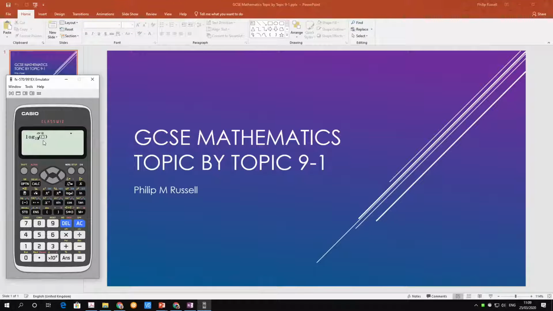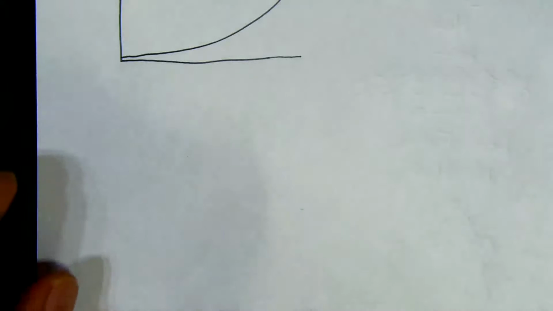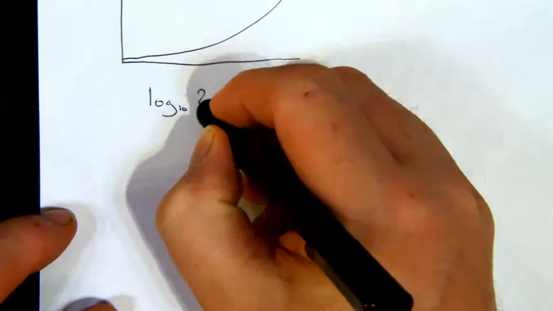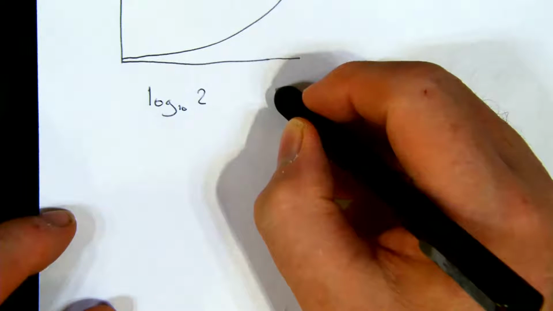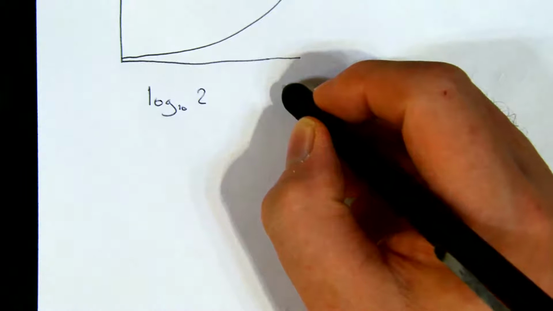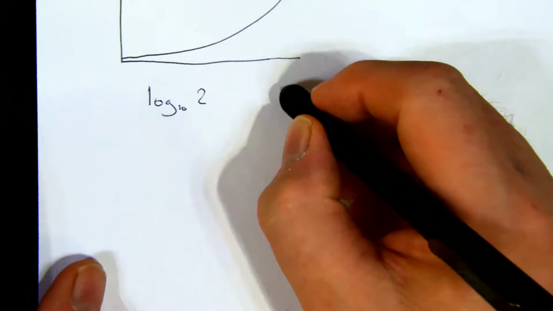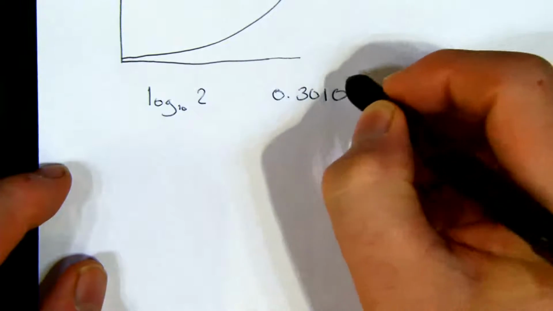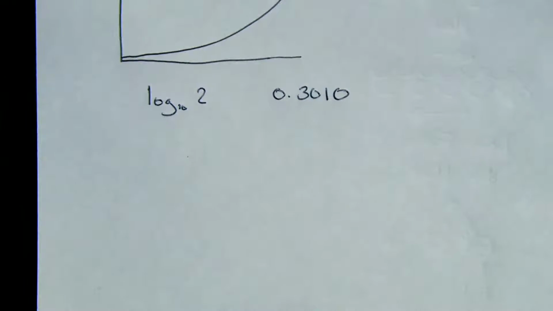And I want to put in here 2, and there we go. And I get a number. Right, so I've just taken the log to the base 10 of 2, and that gives me this number. And I've got here 0.3010. That'll do for the time being.